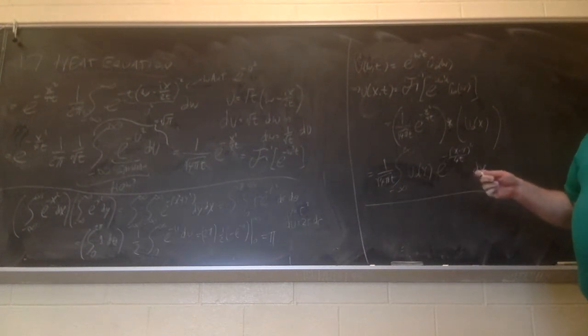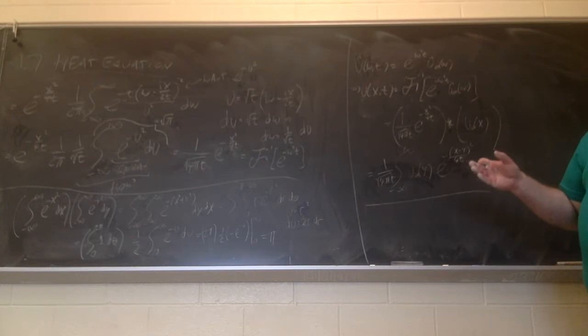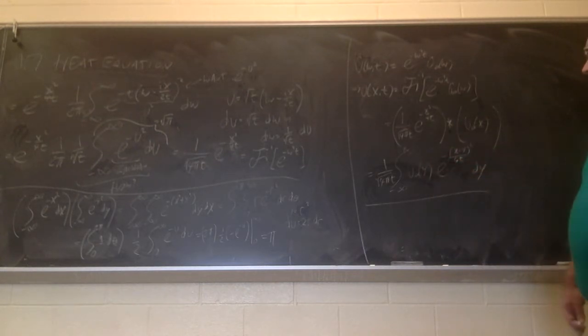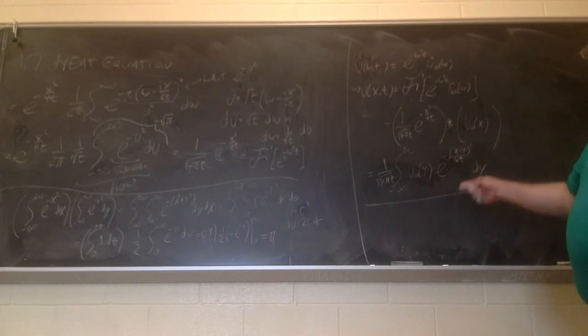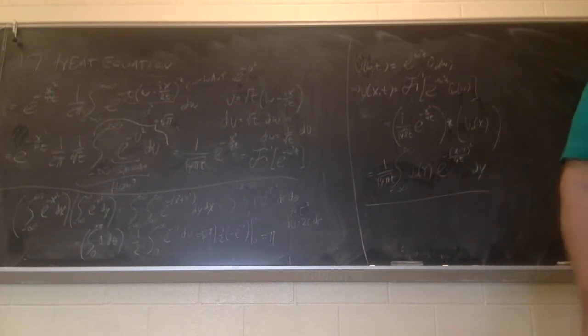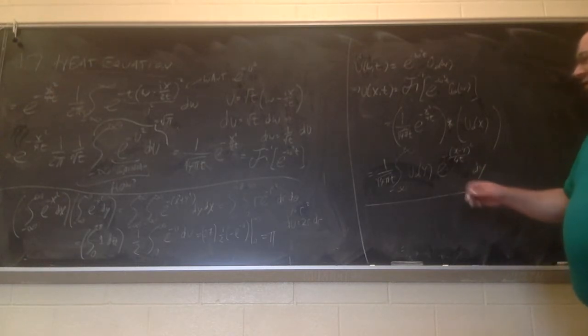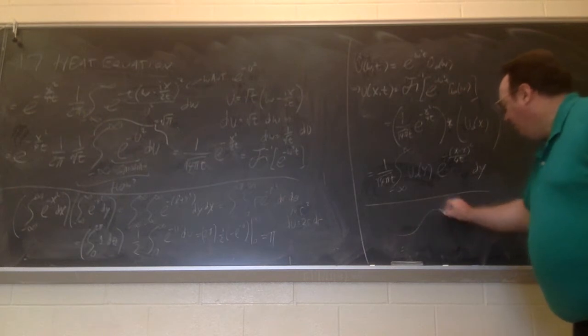So if u naught of y is your initial temperature profile, that's your initial condition, and then you solve the heat equation, what you find as time progresses is that the temperature profile smooths out to a constant. And that's what this actually accomplishes by this convolution. The larger t is, the more smoothing, because the Gaussian function behaves like that.